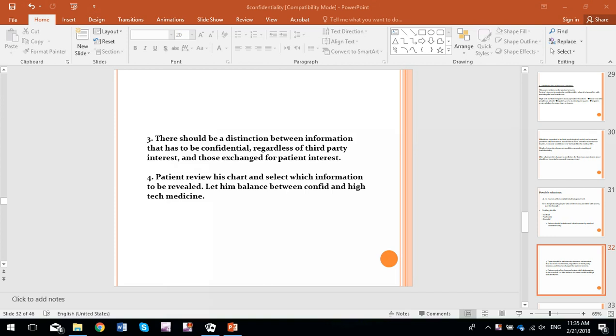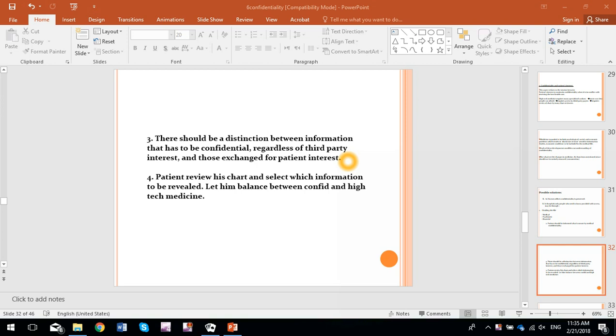Third, there should be a distinction between information that has to be confidential, regardless of third-party interest, and information exchanged for the patient's interest. Our duty in this case, in addition to making the patient understand what confidentiality means, is to make much effort in distinguishing between the information that has to be kept confidential regardless of anybody, and that which can be provided to a third party.